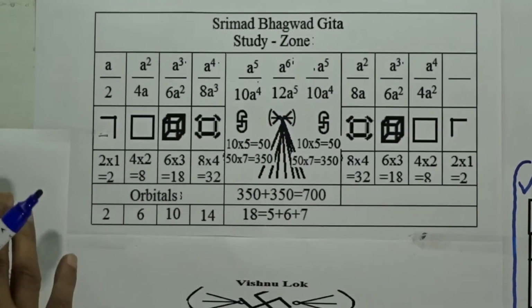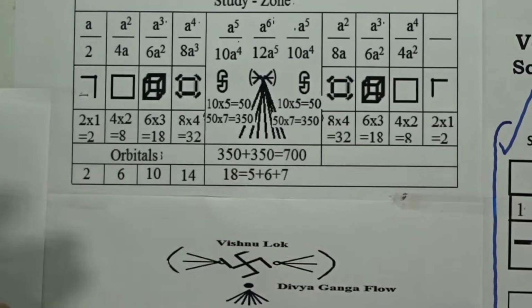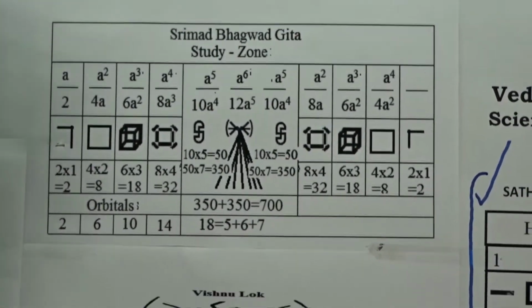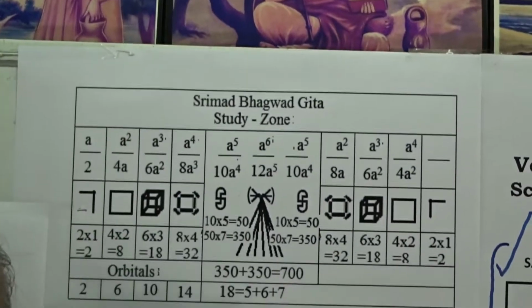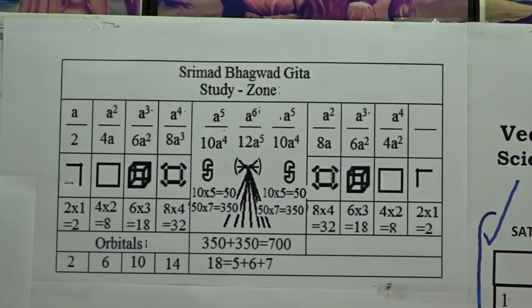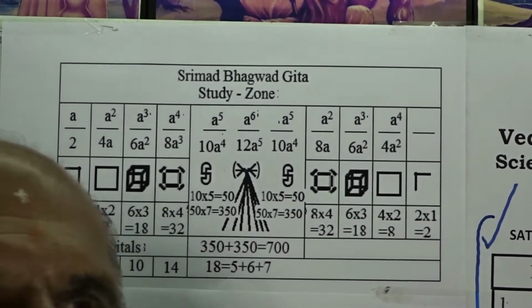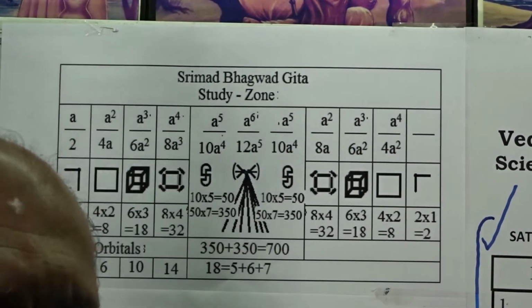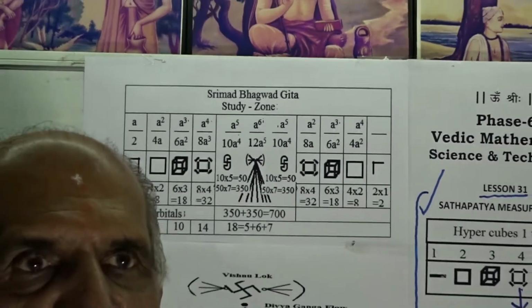Now this organization will ultimately help us reach at the present day periodic table and how far it is deficient and how it can be complemented, supplemented, augmented as 120-year cycles of the Vedic systems and Vedic technology.